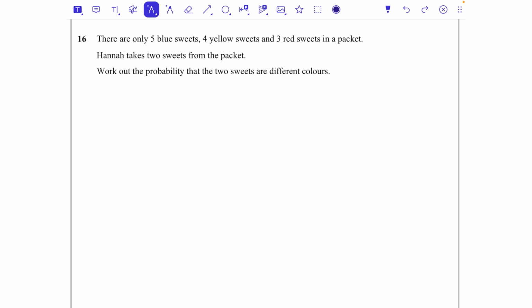So what is a probability of blue and then blue again? Well, the first pick is going to be 5 blue out of, now 5 add 4 add 3 is 12 sweets altogether. If I've taken a blue out, I've then got 1 less blue in the packet and 1 less sweet overall. So the probability of me taking another blue sweet would be 4 out of 11.